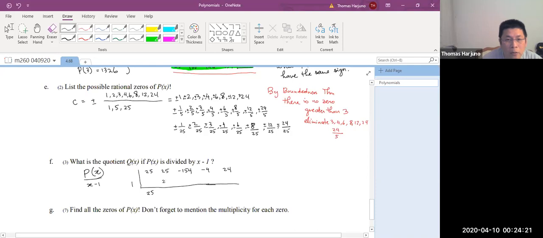25 here, 25, 50, 50, negative 104, negative 104, negative 108, negative 108. So this is negative 84, supposedly.